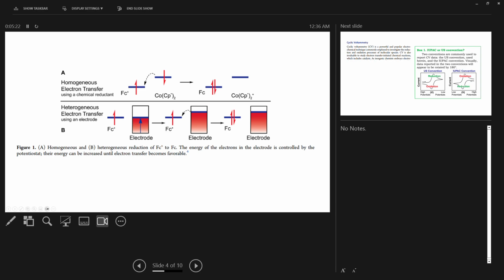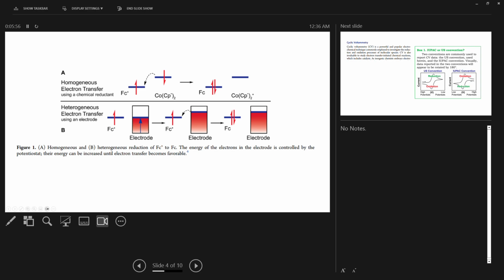The same case happens in electrochemistry as well. When ferrocenium, for example, gets attached to the electrode, the electrode energy is made higher by the external supplied potential, because of which the highest occupied molecular orbital energy of the electrode becomes higher as compared to the ferrocenium.